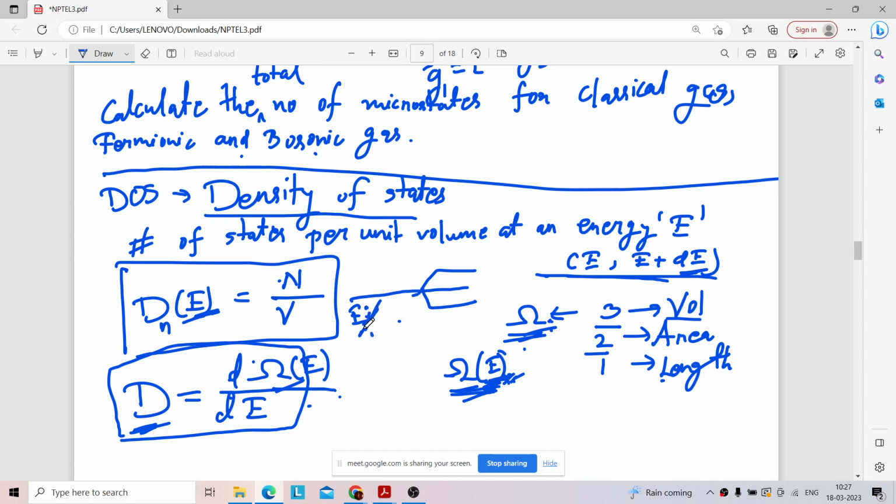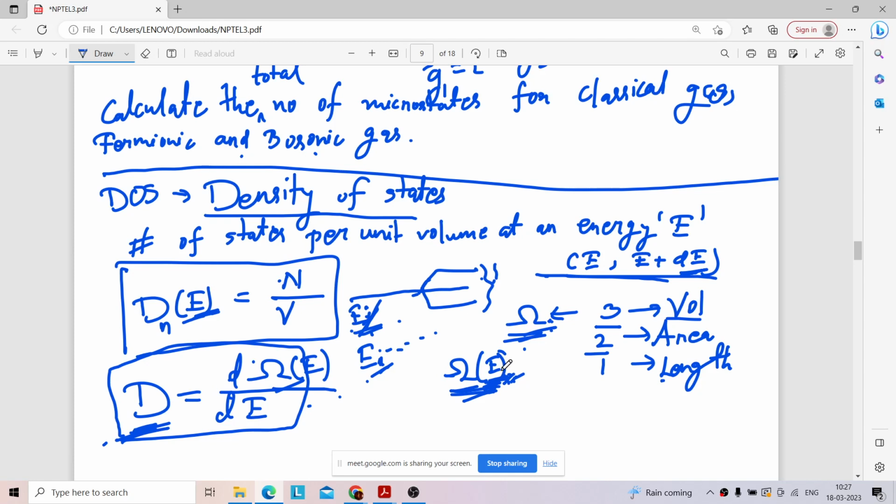For the continuous case, we cannot say this E_i, energy will be continuous. But for the discrete case, I can name each energy level as i. Then I can say there are some states with the same energy, which I will call density of states.